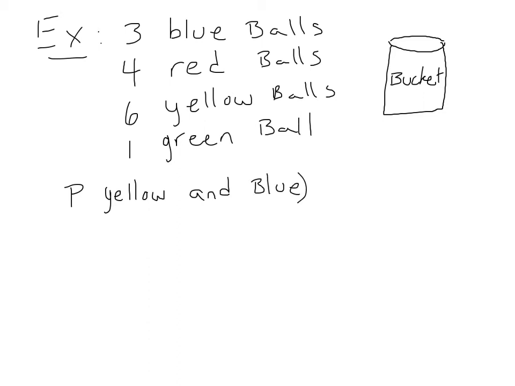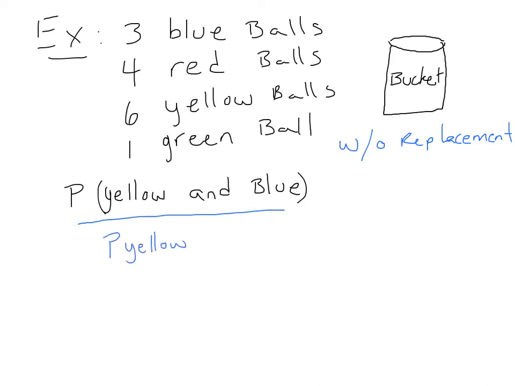But be careful, we're selecting these balls without replacement. So we should know that the probability of selecting a yellow and a blue is equal to the probability of selecting a yellow, and since we read this word "and," it's multiplication, the probability of selecting a blue.